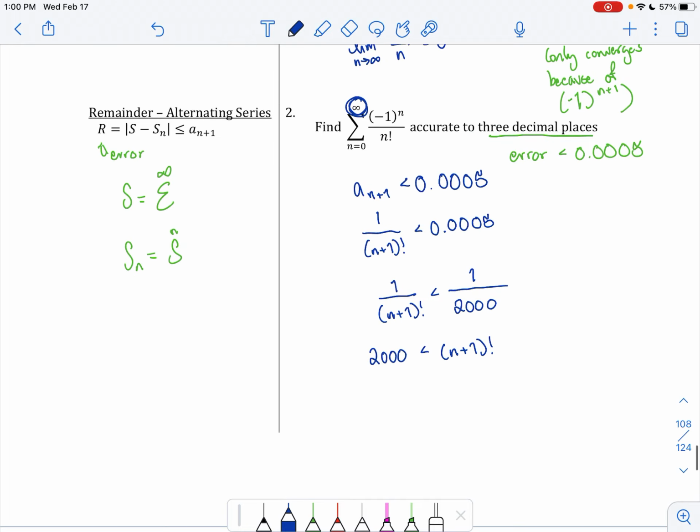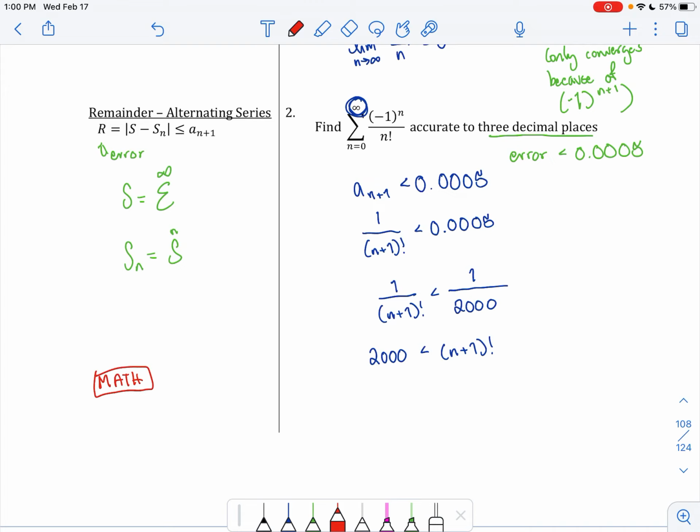And this is something that you can solve on your calculator. I would start plugging in 1, 2, 3, 4 factorial, and you can use that if you go to the math button on most of your calculators.